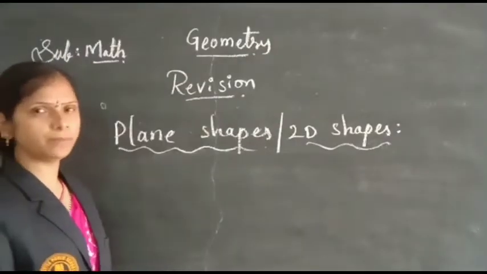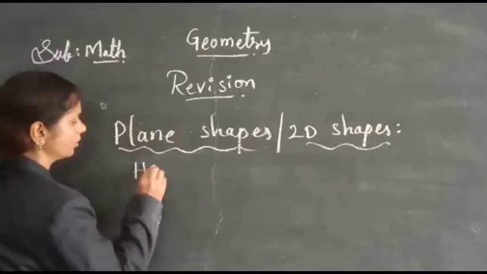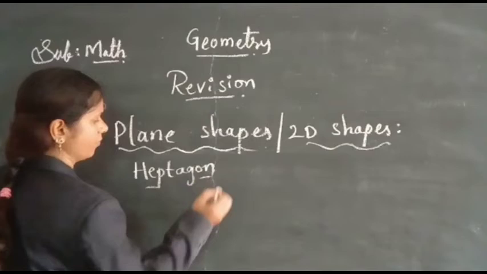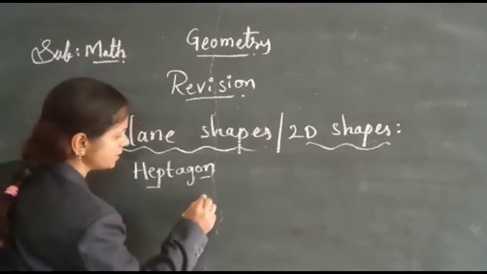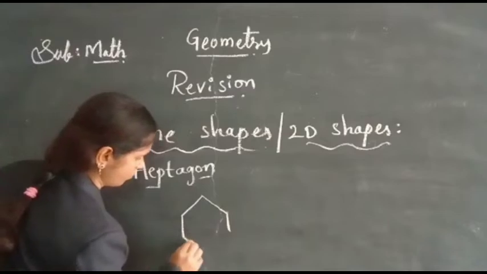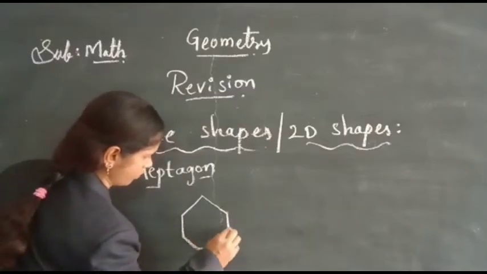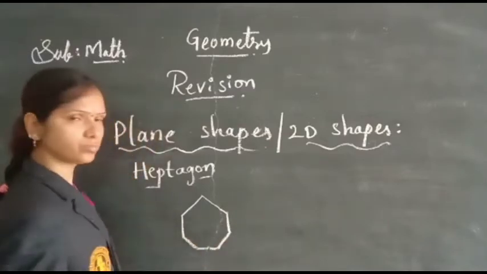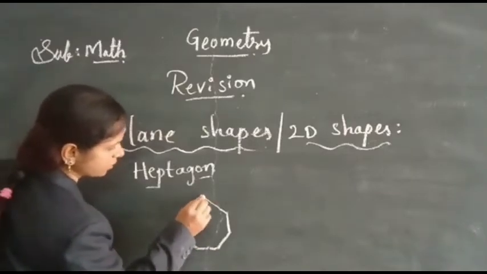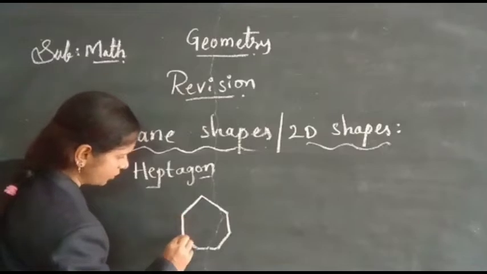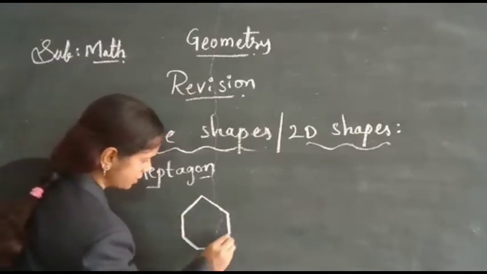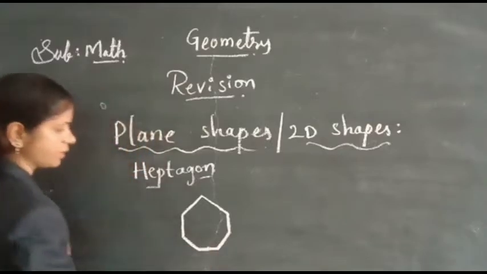Yes, the next 2D shape is the heptagon. A heptagon looks like this. So count the sides, children, for the heptagon: 1, 2, 3, 4, 5, 6, 7.